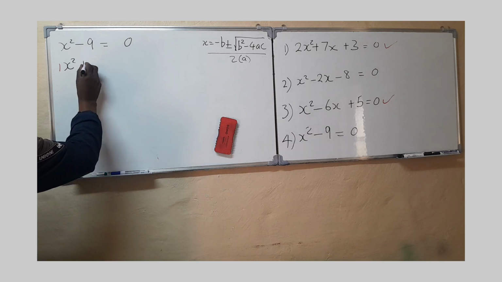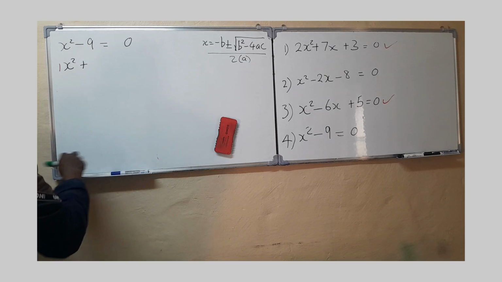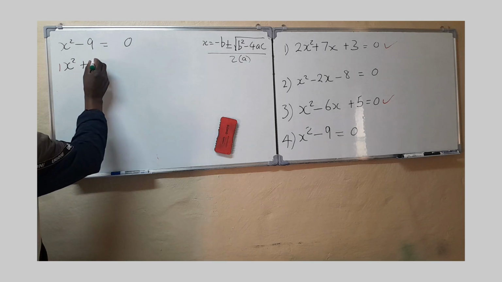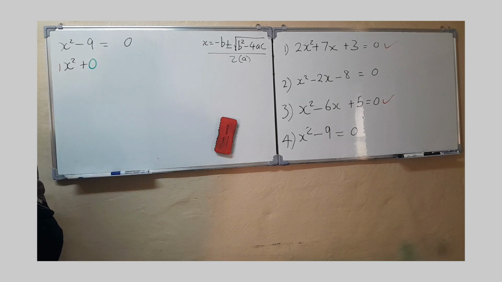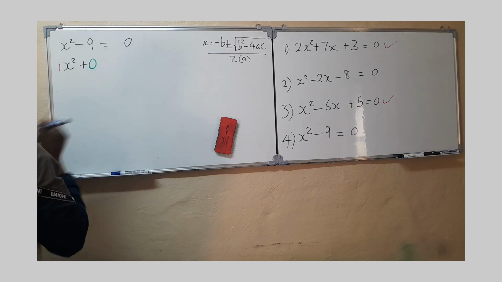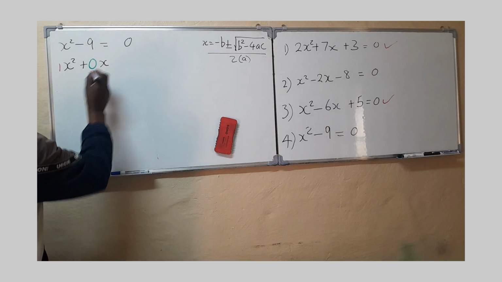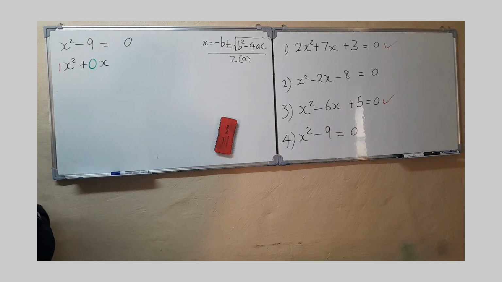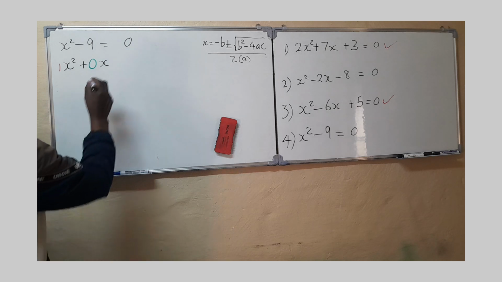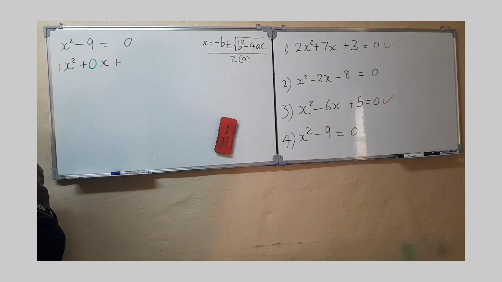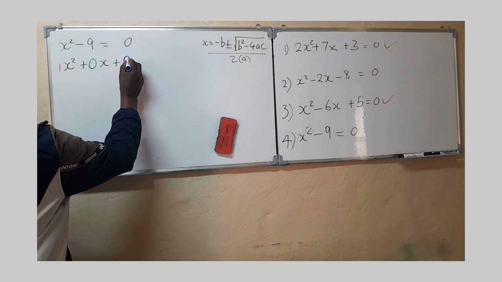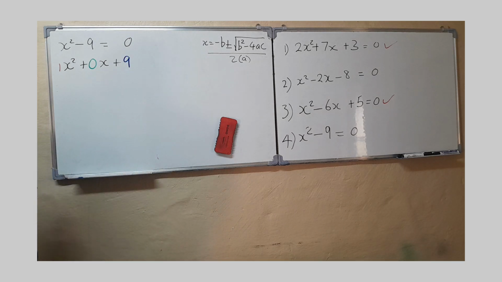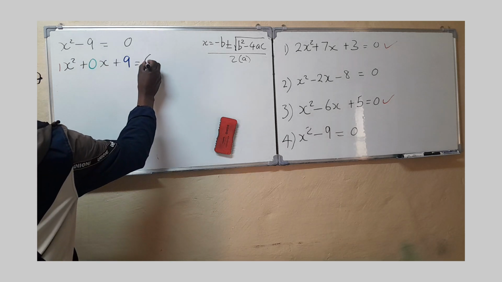So it's like 0 is multiplying our x. So there is our x multiplied by 0. What about our constant? Our constant is the blue 9. Our constant is 9. No problem there. And of course, all this is equal to 0.